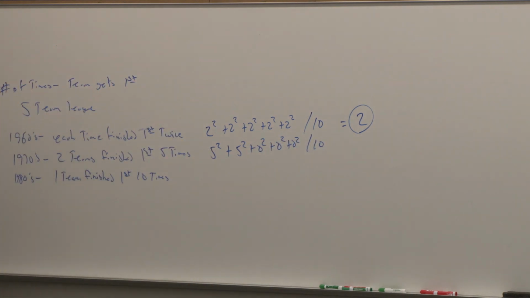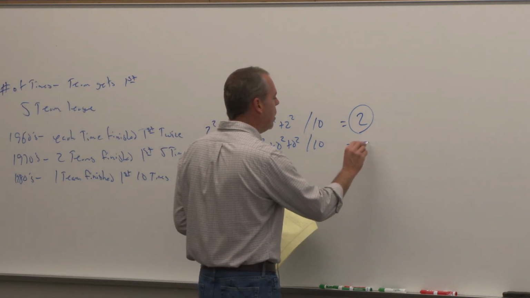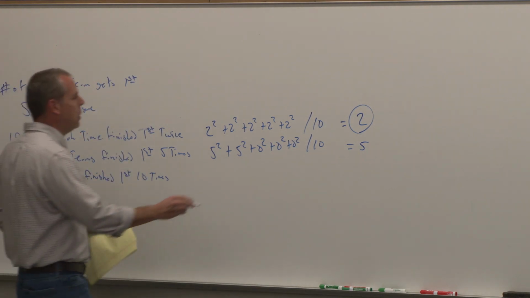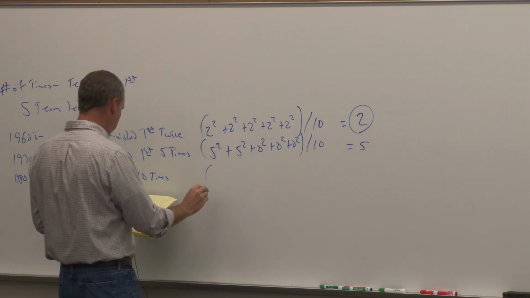Well, Team A finished first 5 times. Team B finished first 5 times. Team C, D, and E finished first 0 times. So 25 and 25. This guy is equal to 5. Same thing here.